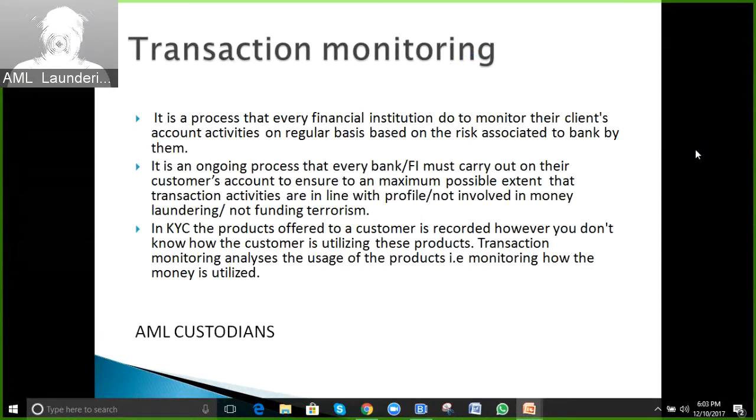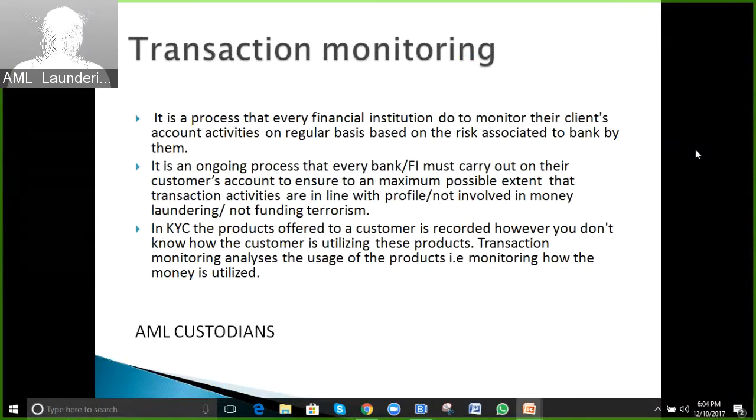The first one says it is a process where every financial institution monitors their clients' account activities on a regular basis, based upon the risk associated with them by the bank. I think we have already discussed this point. Based upon their internal policies and risk categorization, they will perform the transaction monitoring.